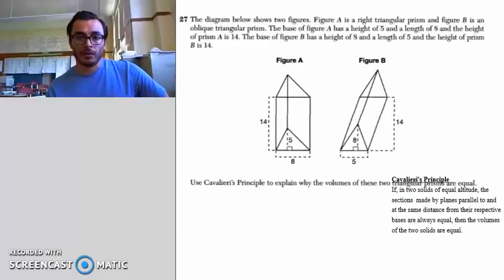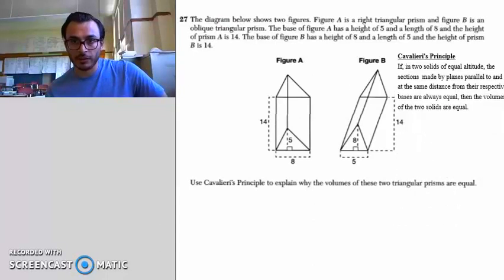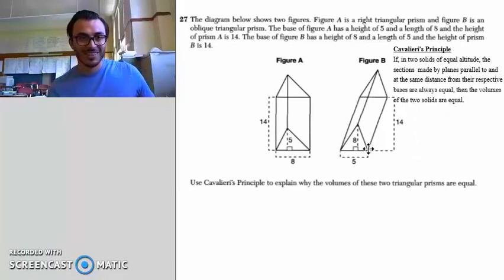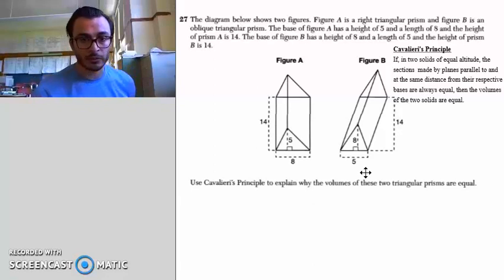Number 27. I have yet to meet a teacher that can honestly say they covered Cavalieri's principle in detail. It's a very simple concept, and many teachers touched on it, but many teachers were also surprised that they put this on the Regents.